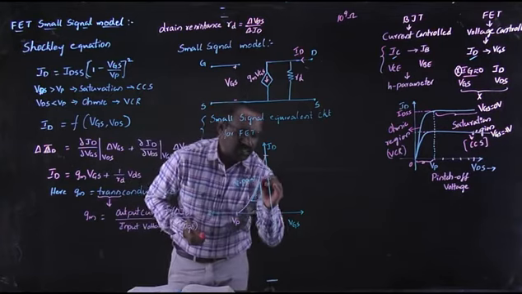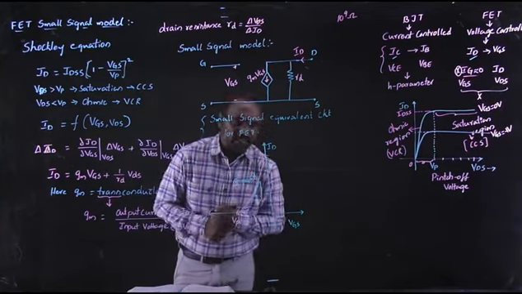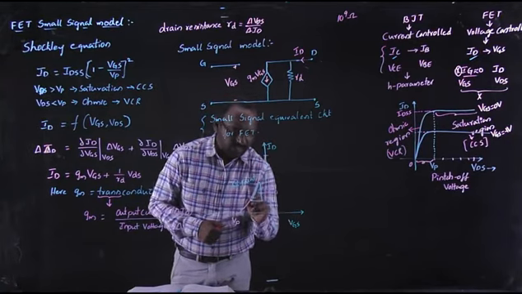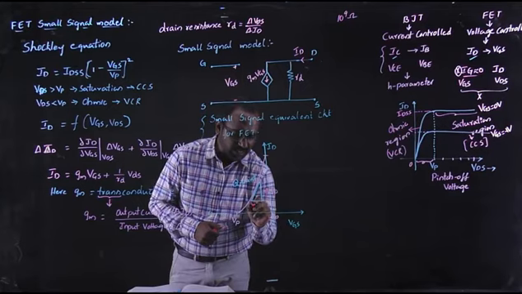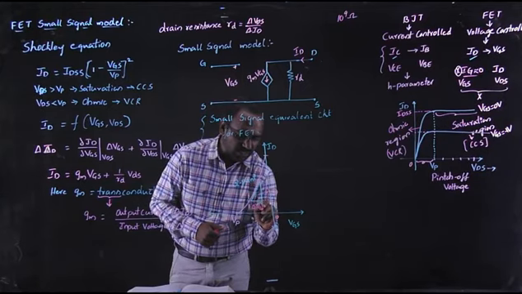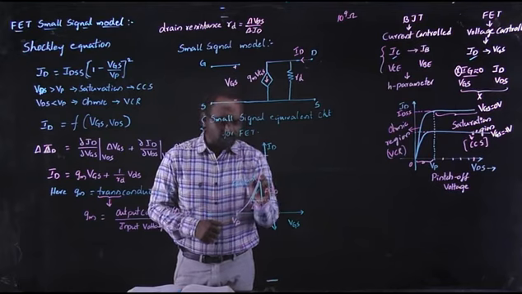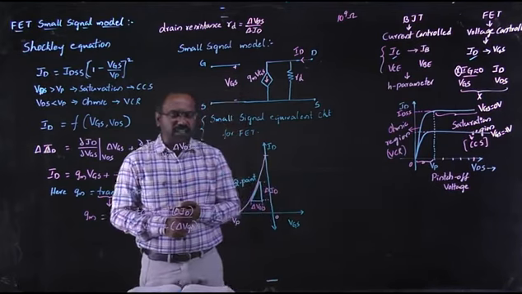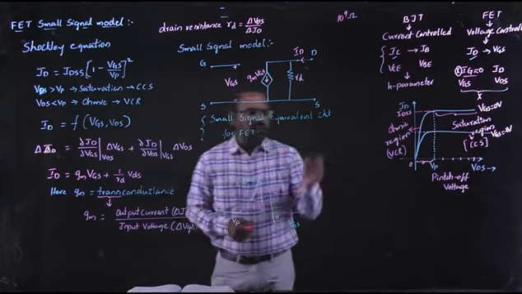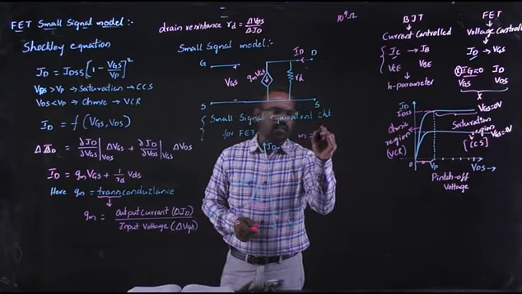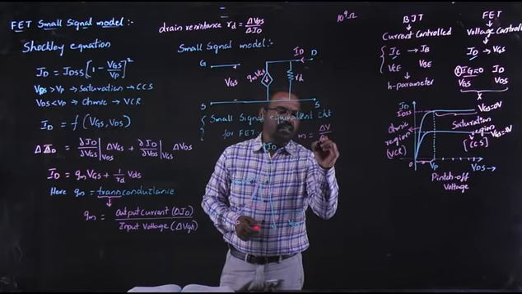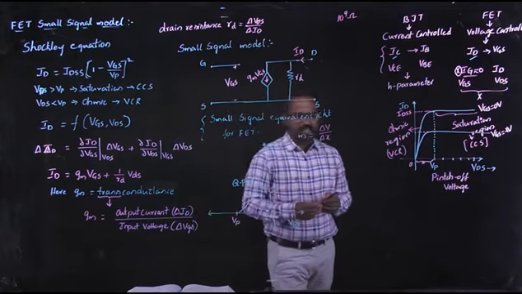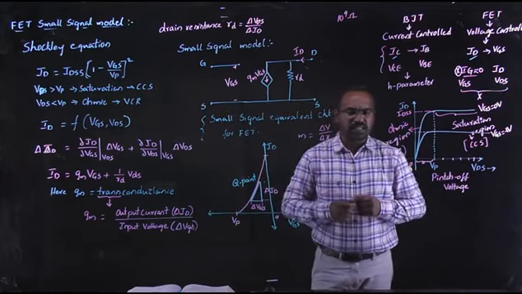So this is the difference in ID. That means this region is delta ID and this region indicates delta VGS. The slope means delta Y by delta X. Generally in coordinate geometry we write m equal to delta Y by delta X, (Y2 minus Y1) by (X2 minus X1).